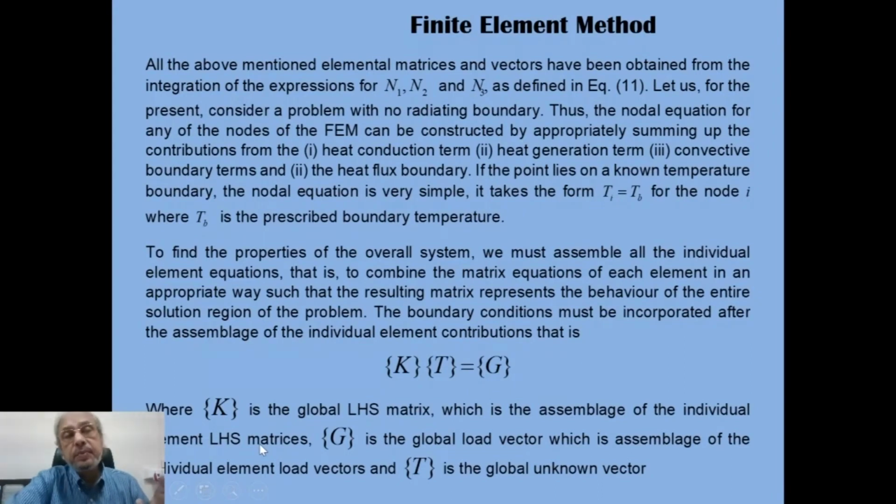So that means for an individual element we have seen, we get a left hand side matrix multiplied by T1, T2, T3 equal to the known vector on the right hand side. So if we assemble all the individual element left hand side matrices, we get this global left hand side matrix.